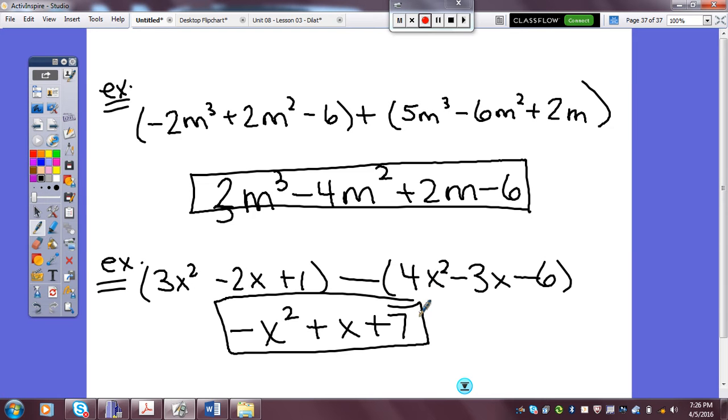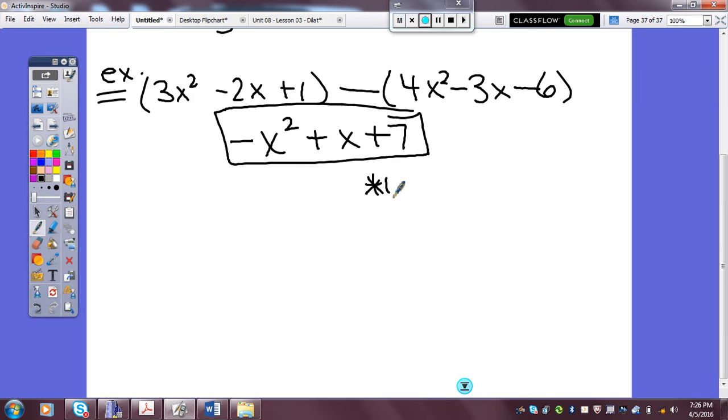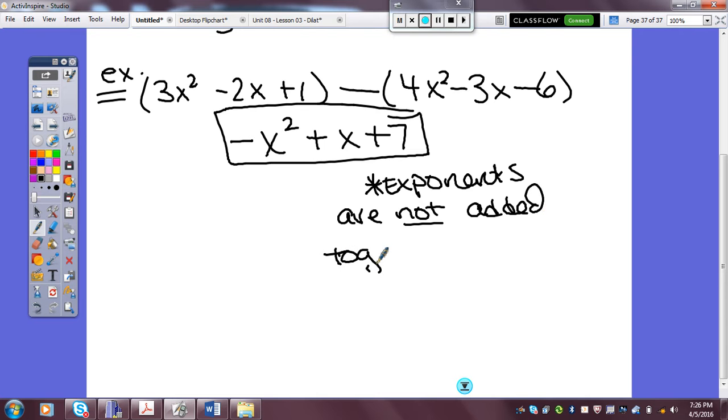Again, my exponents did not get added because I am not multiplying. Let's write that down in our notes. Exponents are not added together because I am not multiplying.